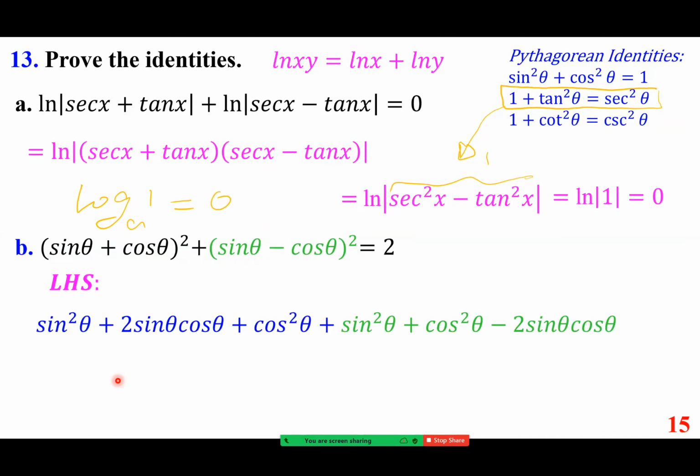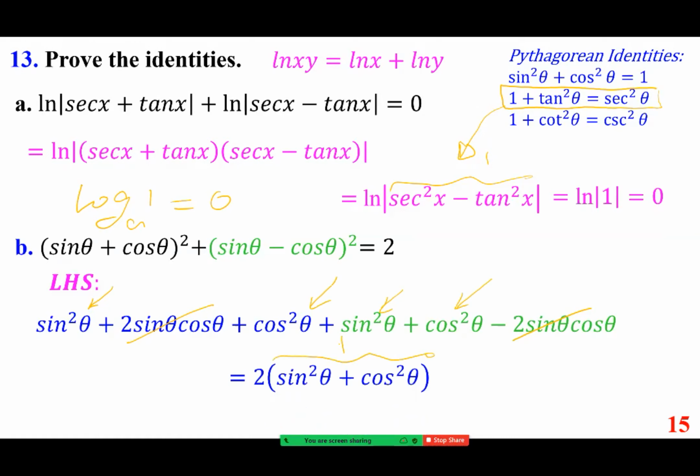So clearly, this one and this one cancel each other. We have 2 of this, 2 of that, and we know their sum is 1, and therefore the answer is 2.